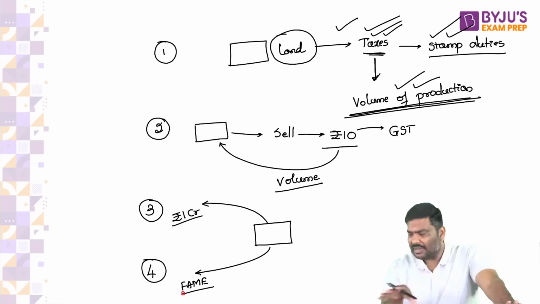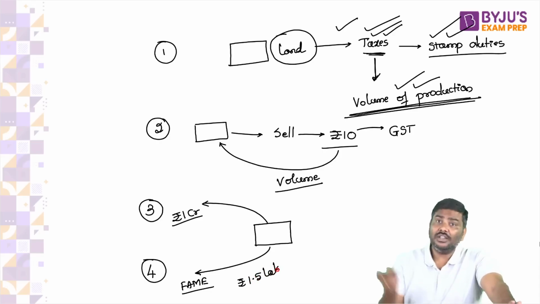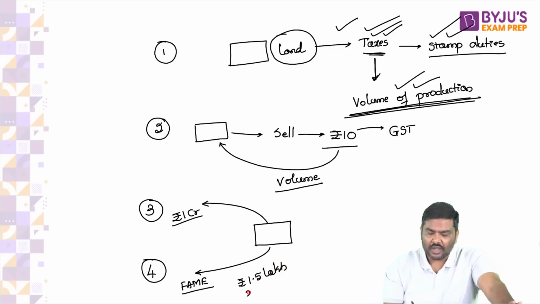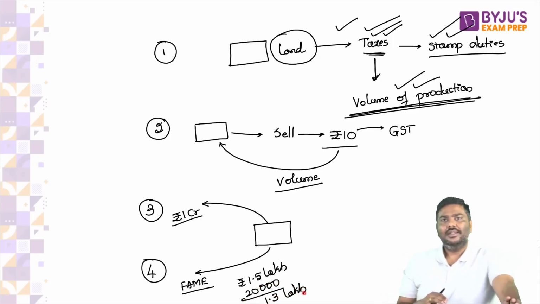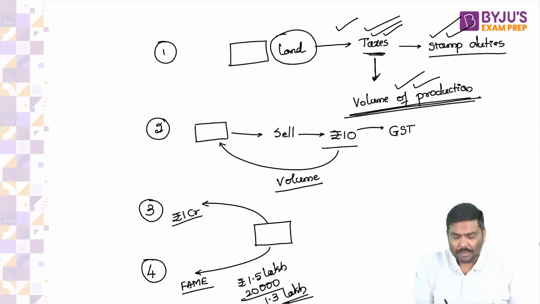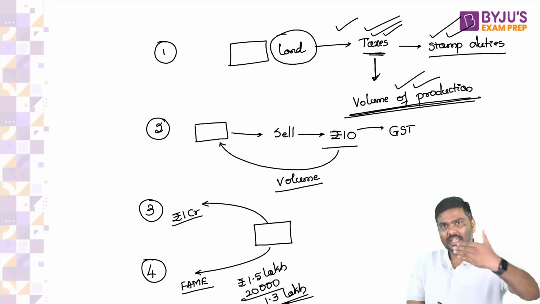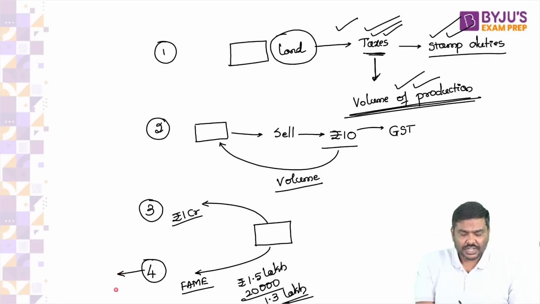Under the FAME initiative, imagine you produce an electric vehicle, the price is 1.5 lakh rupees. Government will give on this one vehicle produced a subsidy of, let's say, 20,000 rupees, which means the price of this vehicle in the market will come down to 1.3 lakh. Now look at example 3 and example 4. Can I say example 4 is the subsidy given by the government which is dependent on the volume of production that you are doing?